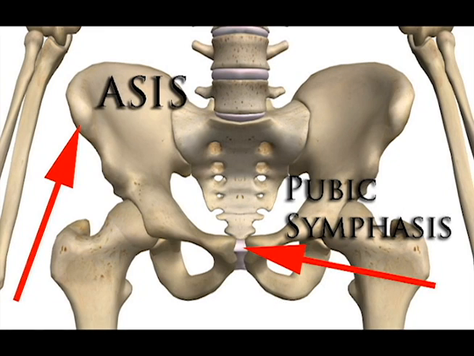In the pelvic girdle, there is an anatomically correct neutral position where the 3 front bones of the pelvis, the ASIS, and again, we'll talk about that in anatomy, and the pubic symphysis, or the pubic bone, are all in parallel alignment. Now, when you're upright, that would be a vertical alignment.